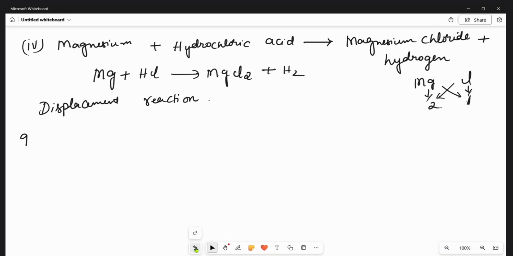Next, 10th one. Why is respiration considered an exothermic reaction? Heat or energy is released in this process, hence it is called an exothermic reaction.